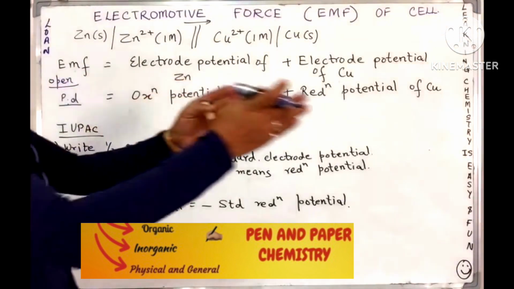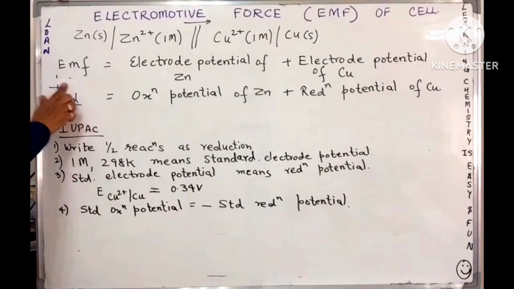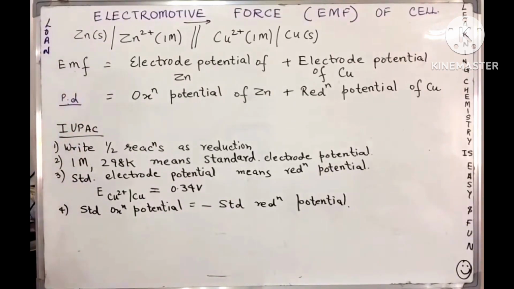But when I am walking through this area, there is a certain inhibition, there is a certain resistance that I will face on the way, which will make my movement slower than the ideal value, right? So that is why EMF and potential difference, they indicate the difference in potential between the 2 half cells. But EMF is the term when the cell is in open circuit, and potential difference is the term when the cell is in closed circuit, right?